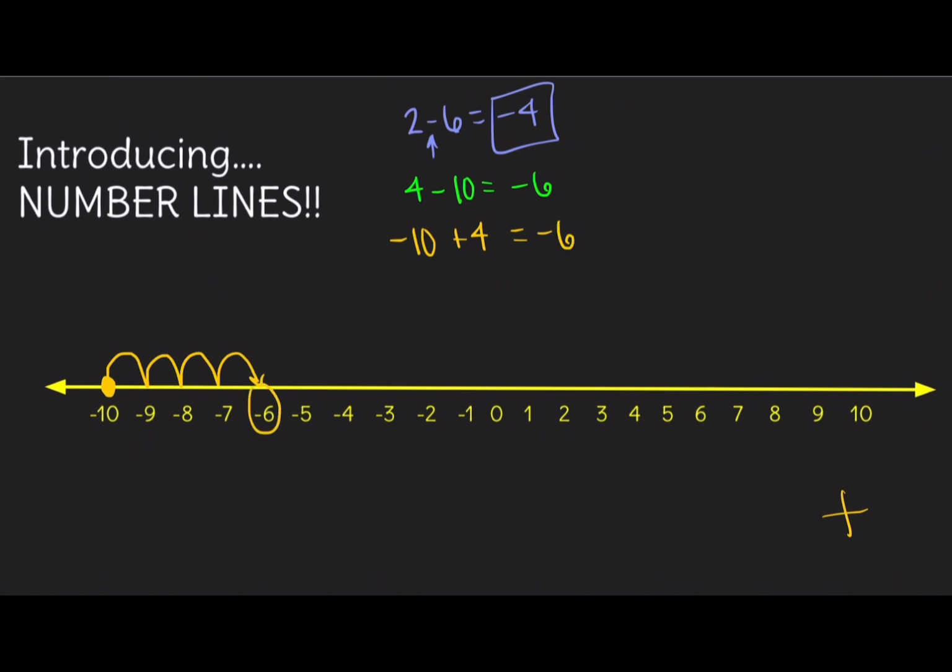I hope you noticed that these two right here are basically the same question. They have the exact same answer, and it is the same value. This -10 is seen right here, and this +4 is seen right here. So this is truly the exact same equation. They just look a little bit different, and it gets us the same value.